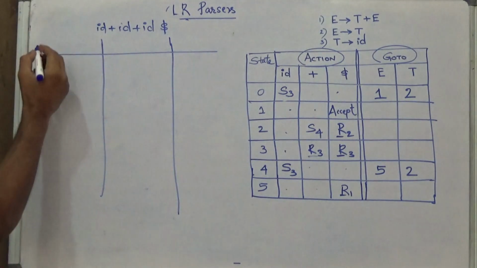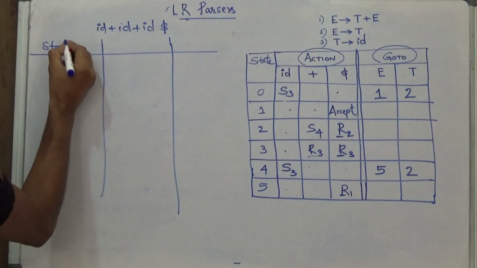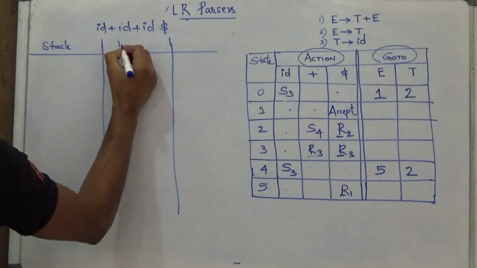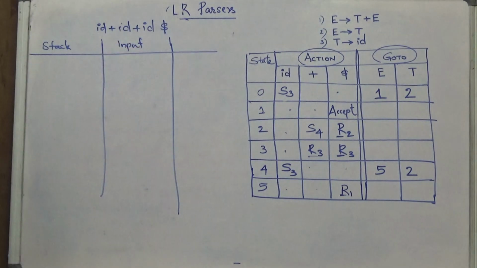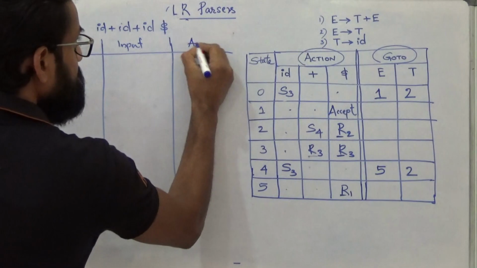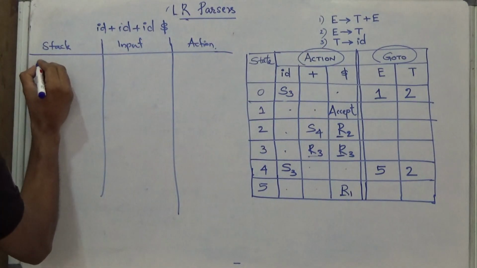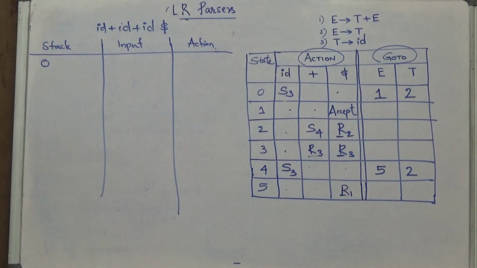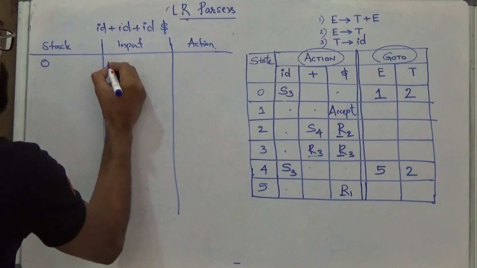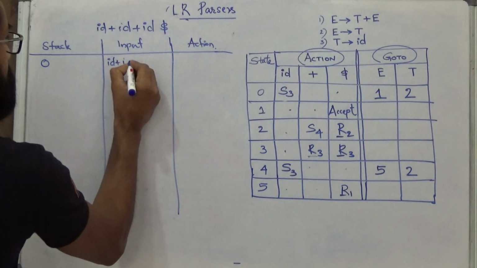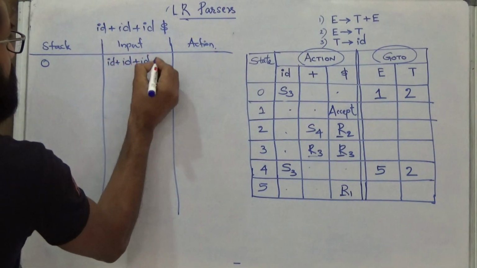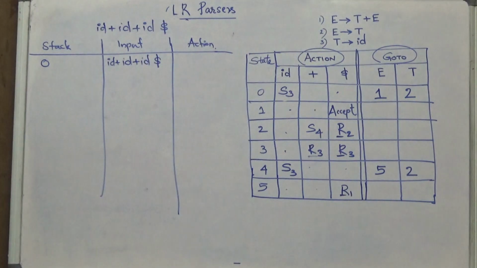So you have the stack, the input to be scanned, and the action. Initially the stack contains the starting state 0. Assume that 0 is the starting state, and the input to be scanned is id plus id dollar, and dollar acts as the right-hand delimiting symbol for the input string.